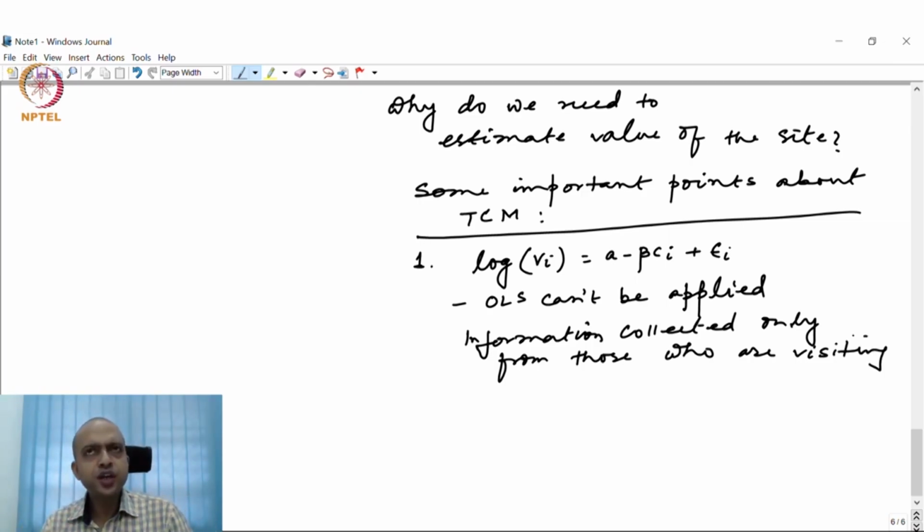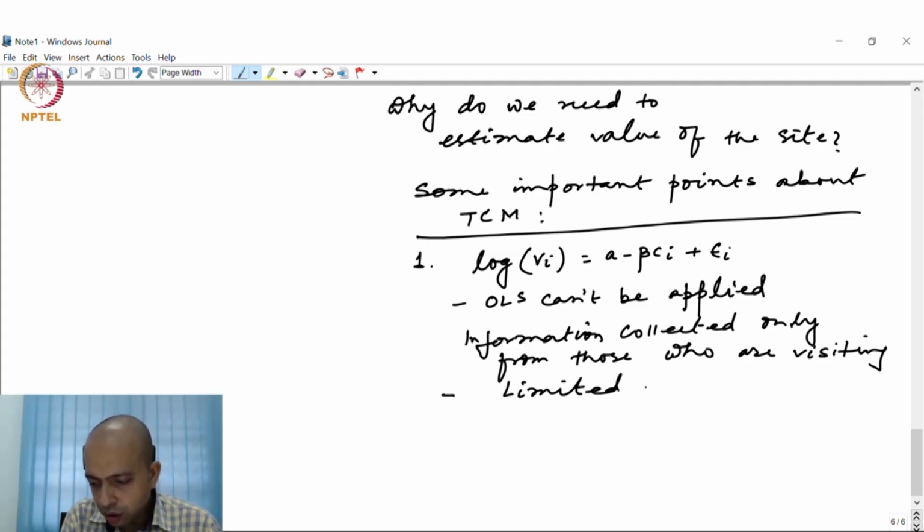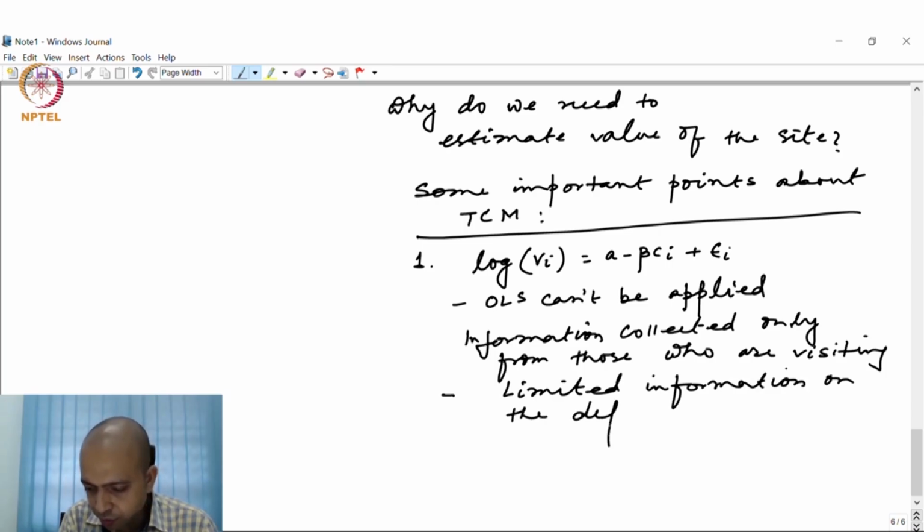But there might be some potential visitors who are not visiting at that place, but given a chance, they might also visit. We don't know. So that means limited information on the dependent variable.